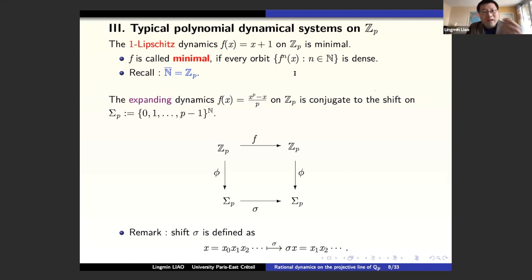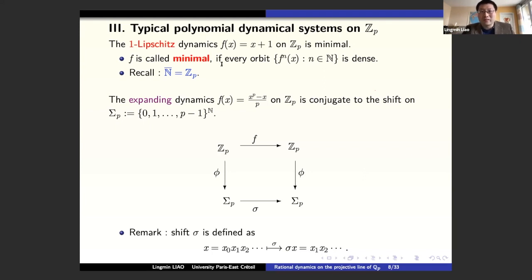And you will find this simple polynomial is exactly a minimal transformation. To prove it, the closure of N is Z_p. When you iterate x plus 1, you will get N, and the closure of N is Z_p, and that means the orbit is dense in your space.